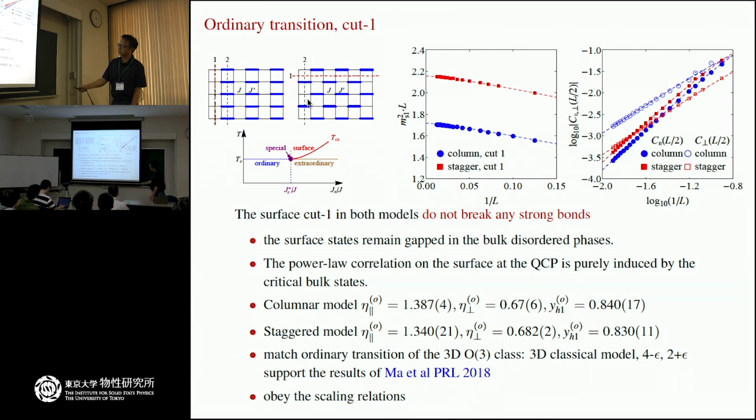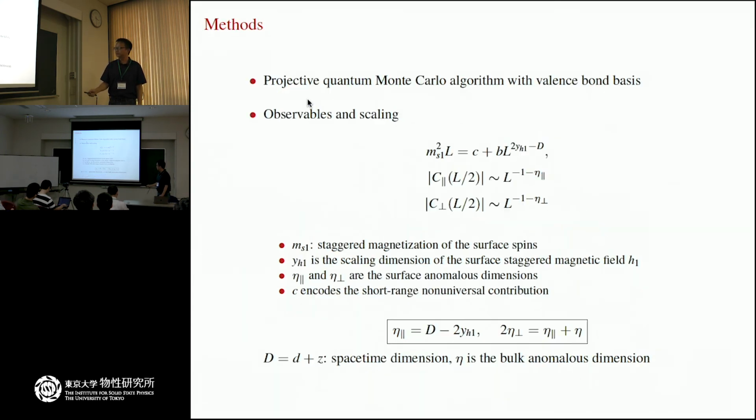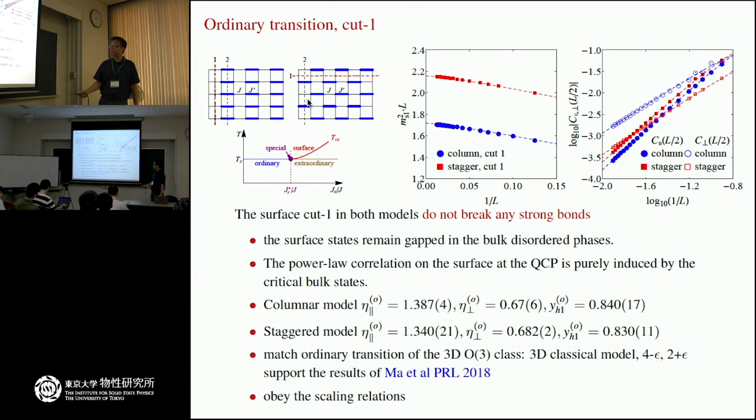These exponents are the same within the error bar, so they are in the same universality class. And they satisfy the scaling relation I just mentioned. So this is nothing so interesting, because it's just like a classical behavior.